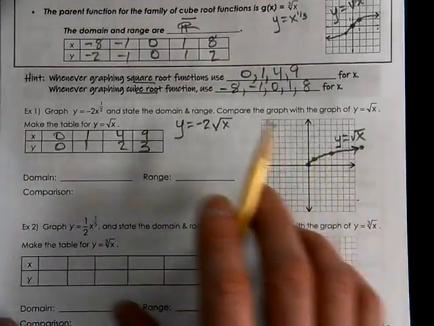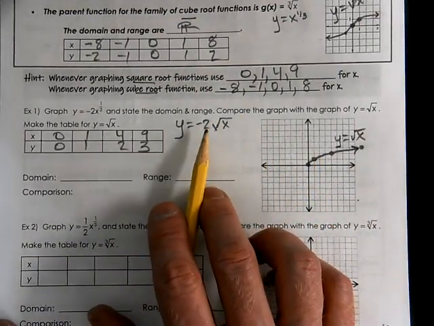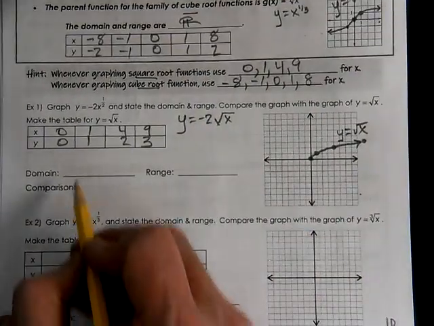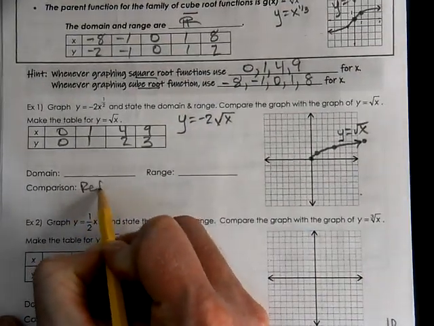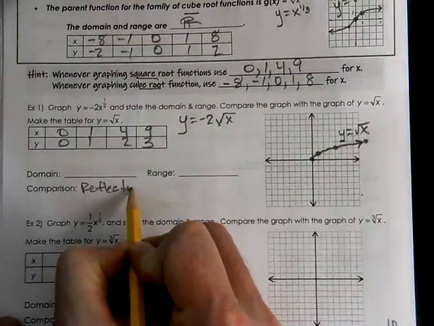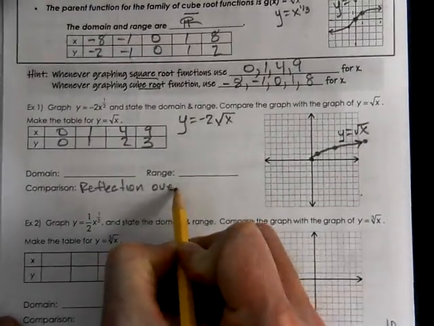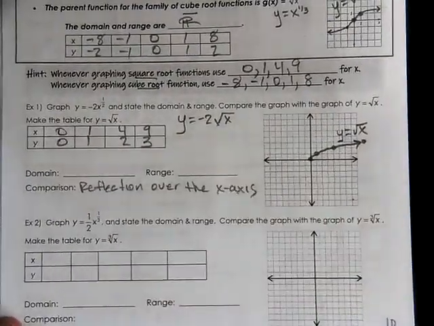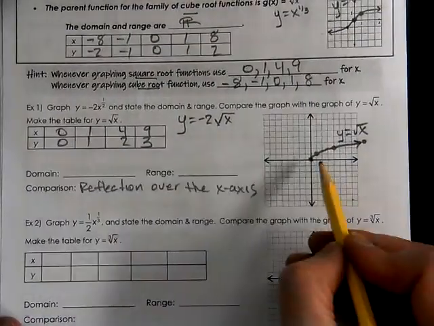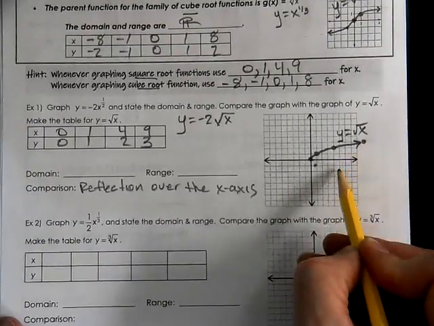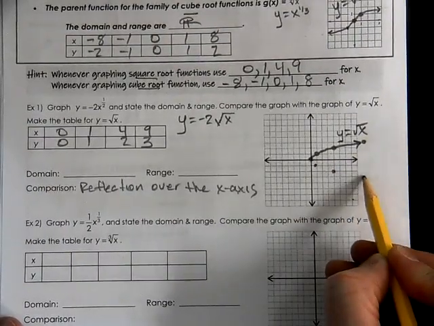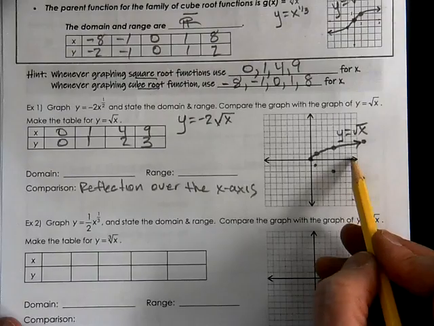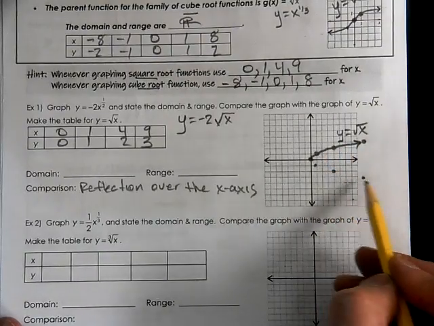From there, we're going to apply the negative 2. The negative gives us a reflection over the x-axis. So that means all your points are going to get reflected over the x-axis from where your parent function was.